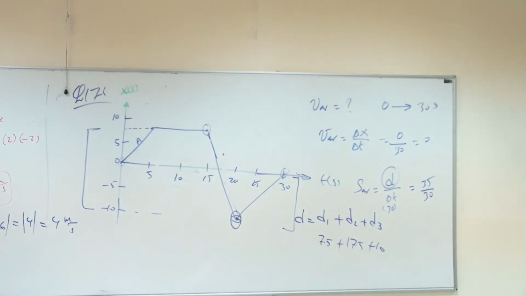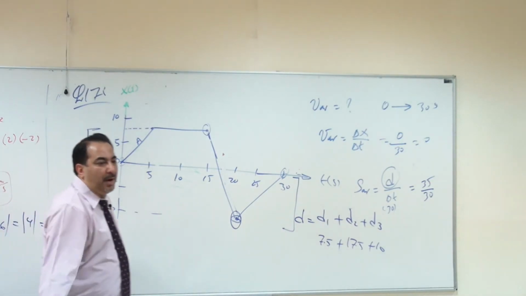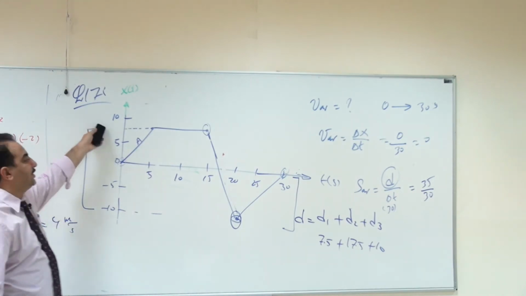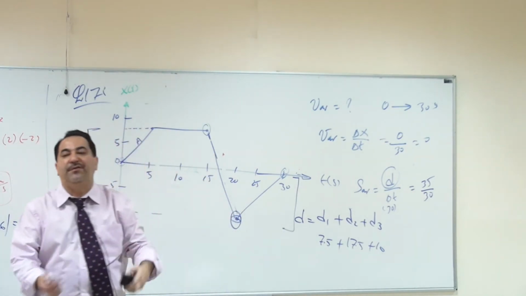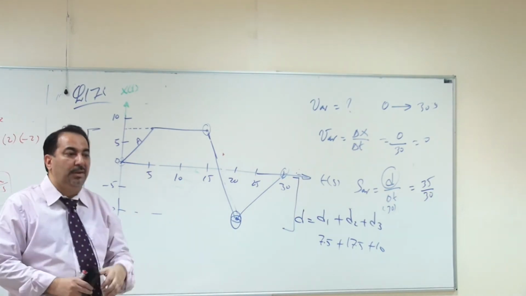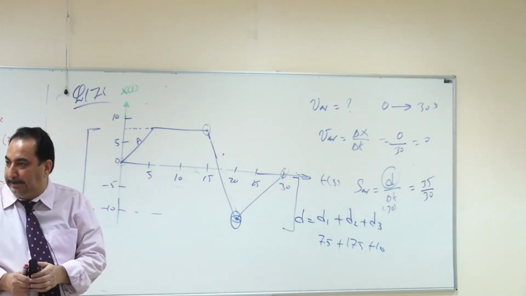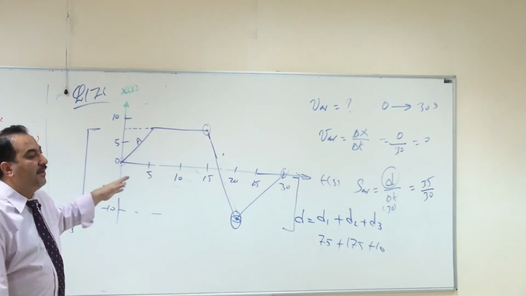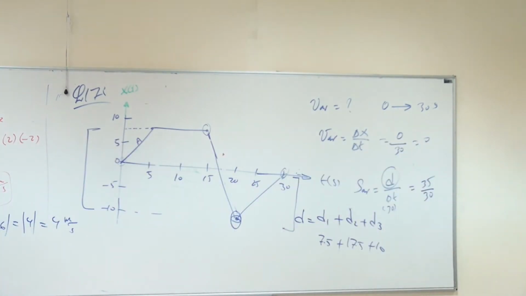Now, the graph part. If you have an XT graph, how do you draw the VT graph? You have to think of the slopes, yeah? Now, is this a linear function or non-linear? So it's easy, yes? How many slopes do you have? 3.